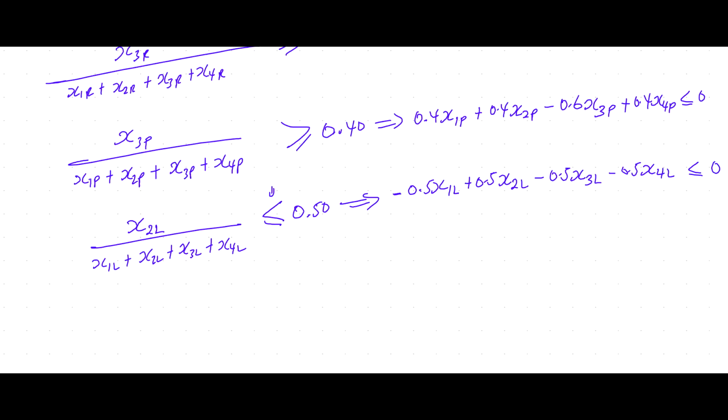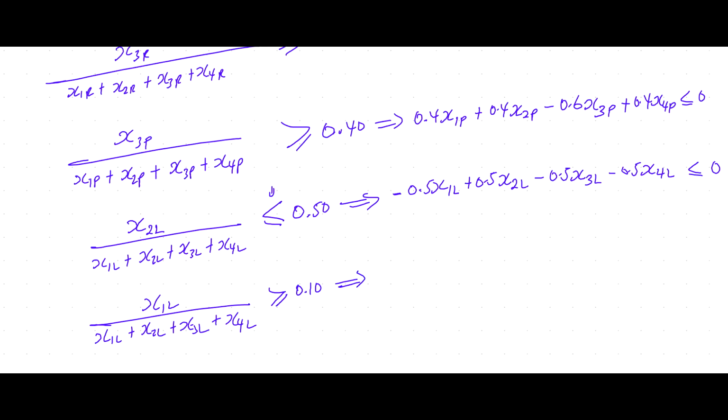Then the last one is that component 1 in low lead should not be less than 10%. So 1 in low lead for all the various components, 2 low, 3 low, 4 low, should be greater than or equal to 10%, 0.1.